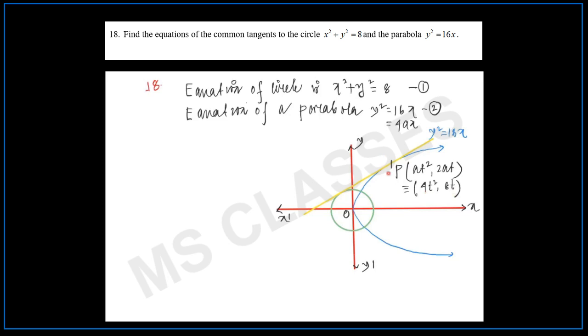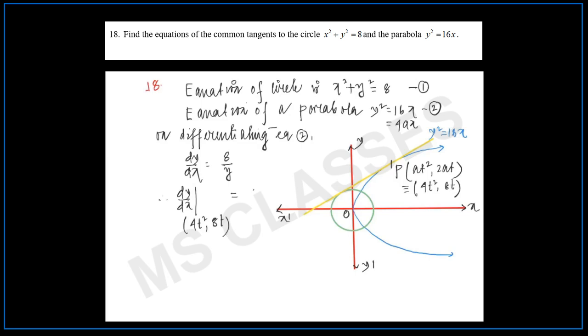Now after we have got the point of contact, we can find the slope. So we differentiate equation 2, and we get dy by dx equal to 8 by y.